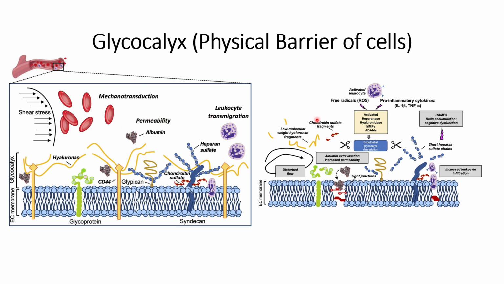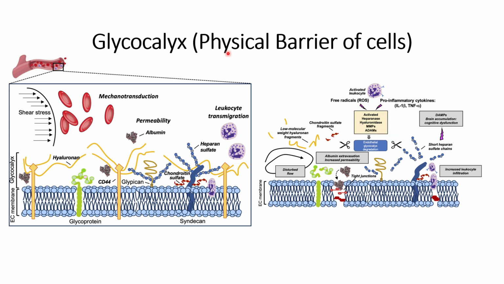Now let us understand what happens when the glycocalyx starts degrading. So let us first understand what causes this degradation of the glycocalyx. These are some of the molecules that promote glycocalyx layer degradation, such as heparinase, hyaluronidase, MMPs and ADAMs.